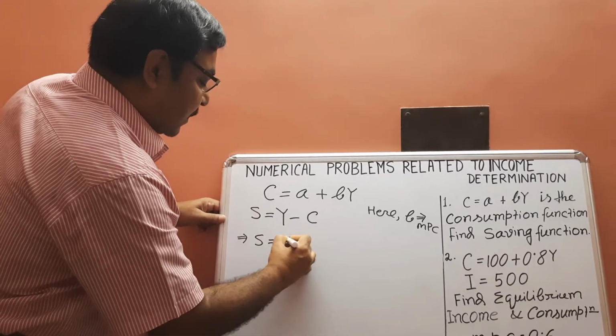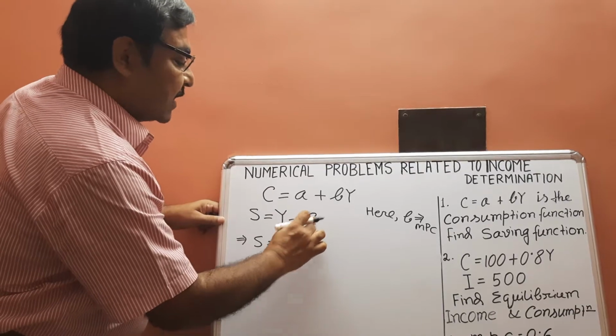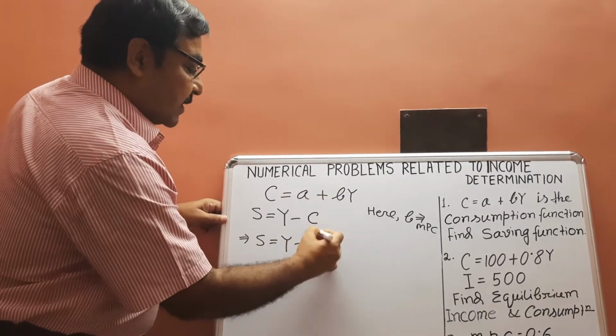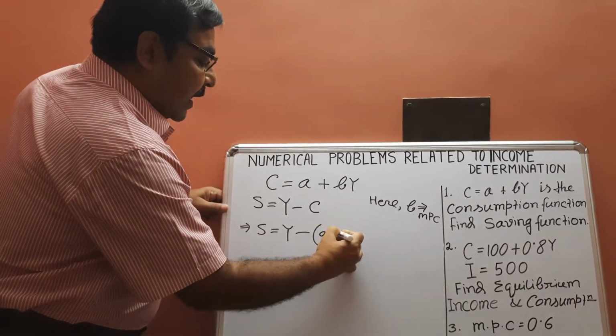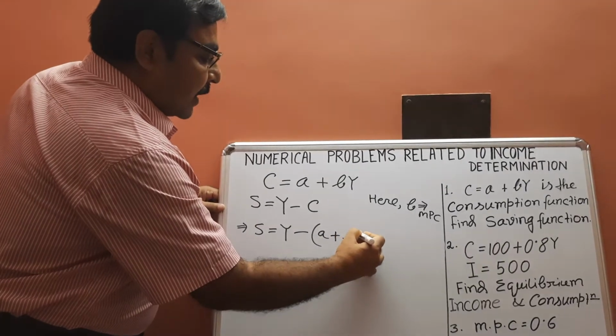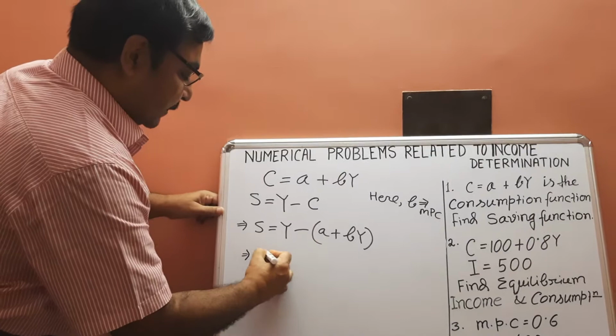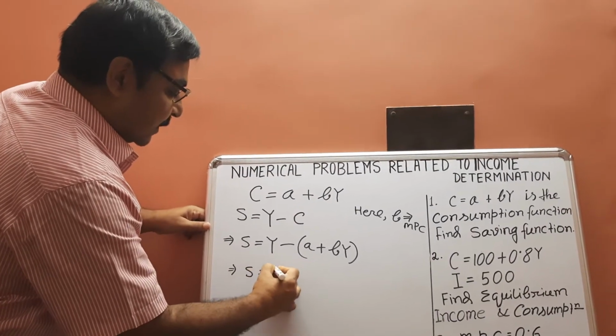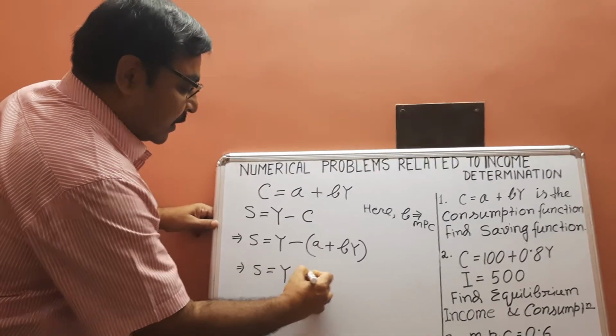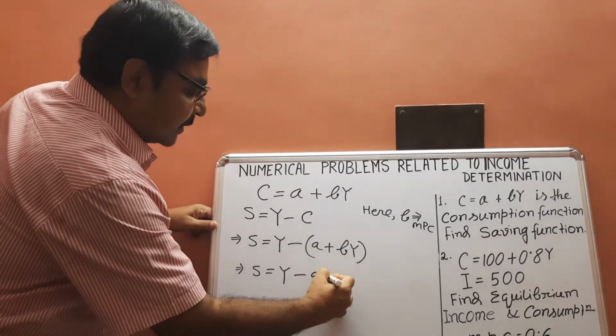So, in place of C, consumption, we can write A plus BY. Open the bracket.